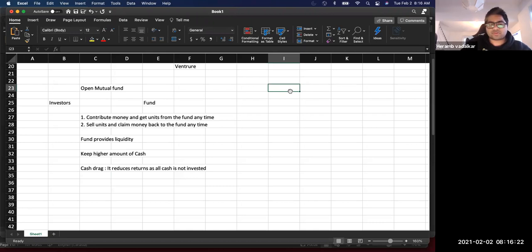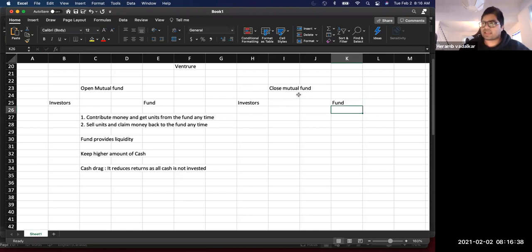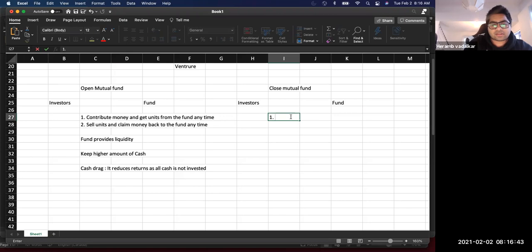Now what is a closed mutual fund? Again, you have investors and you have the fund. Investors can contribute money only when the NFO, new fund offer period, is active.